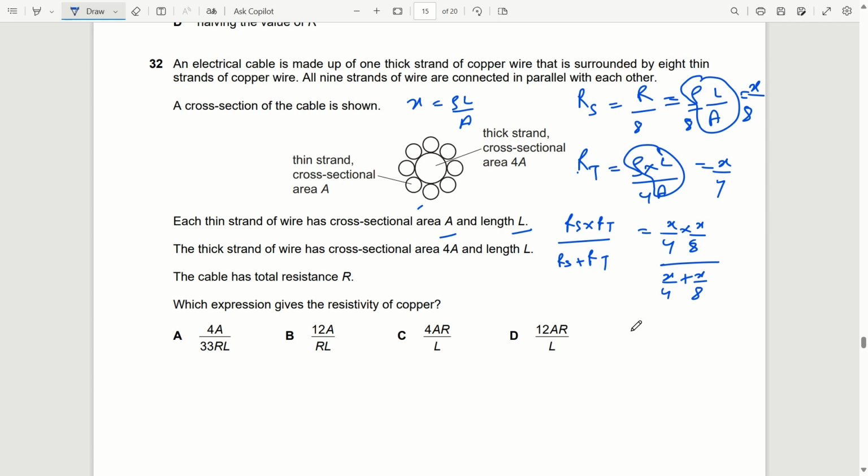On solving you will get X by 12. So this will be the net resistance, and the net resistance is R. R is equal to X by 12. Now X is rho L by A. So from this, rho is equal to 12 into A into R divided by L. So option D is correct.